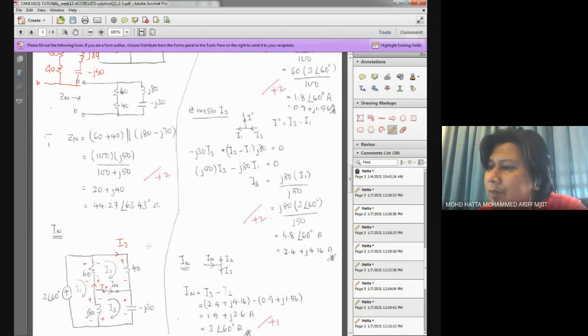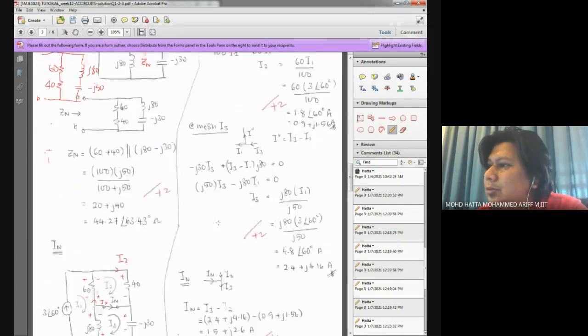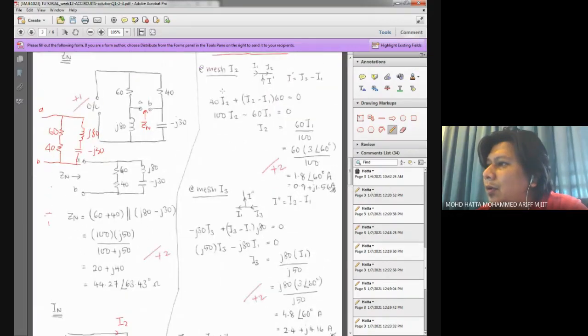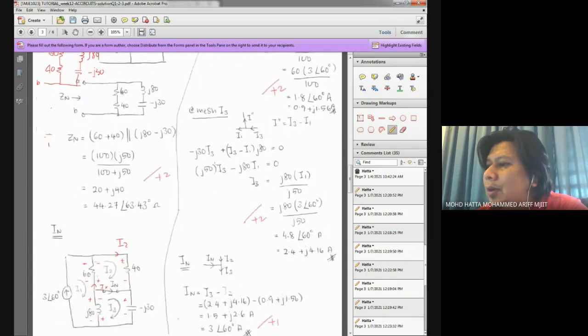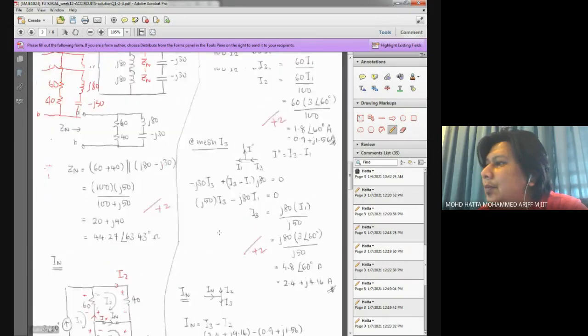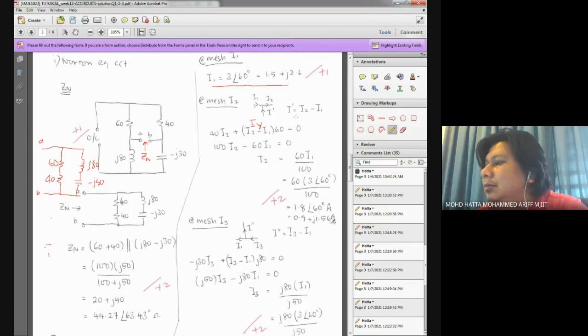So here, I2 times 40, because this is the 40 voltage drop at the first element, plus, this is IY that I mentioned earlier. So IY is the current over here, and I labeled it as I prime.